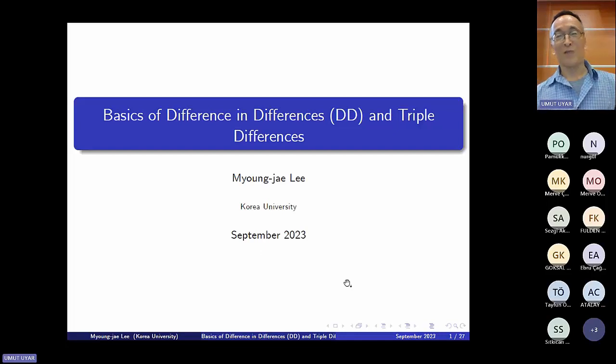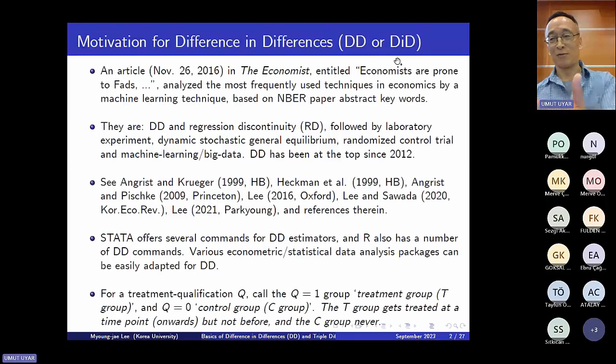I think difference in differences, abbreviated either as DD or DID, as you can see here, is one of the most popular, widely used approaches in policy analysis. In the magazine The Economist, some years ago, they looked into which is the most popular approach in policy analysis.